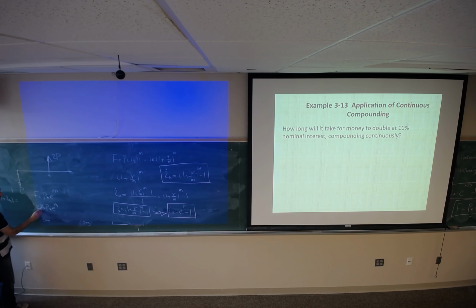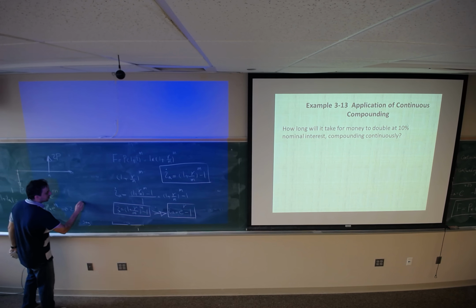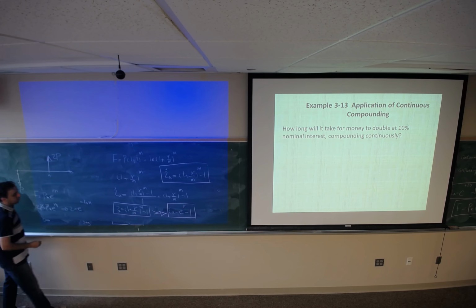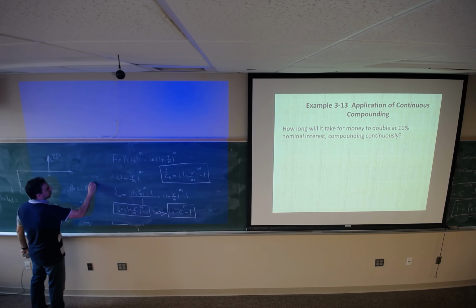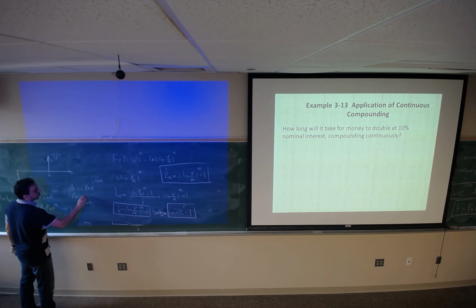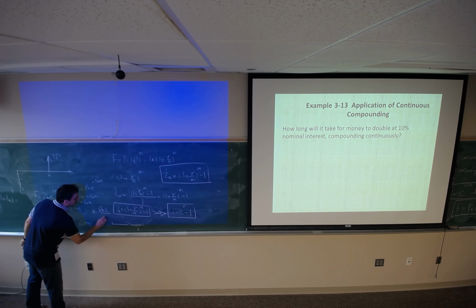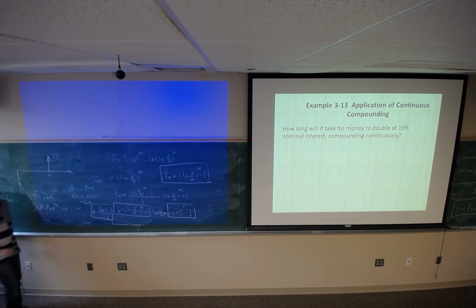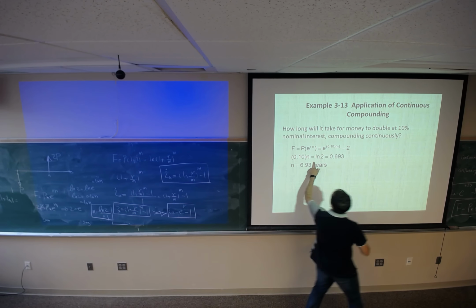So you can cancel out P. 2 would be e power R times n, where R is 0.1, and we are looking for N. ln of 2 equals ln of e power 0.1 times N, or log, whatever you like. ln of 2 equals 0.1 times N. N would be ln of 2 divided by 0.1.